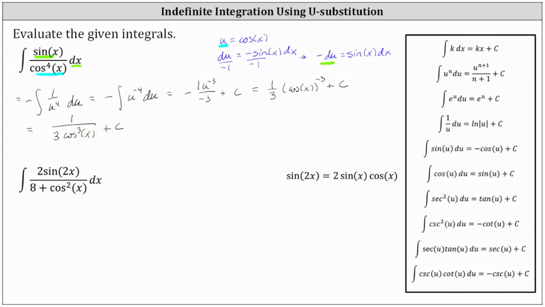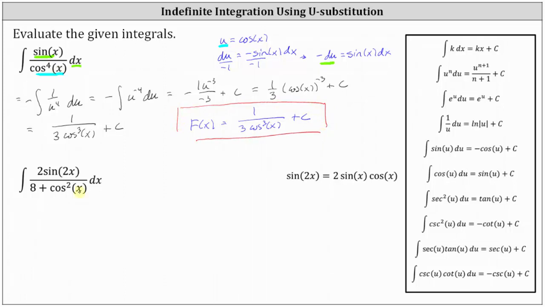And let's write the antiderivative using big F of x, where big F of x is equal to, again, 1 divided by the product of 3 and cosine cubed x plus c. This is the family of functions whose derivative is equal to the given integrand function.